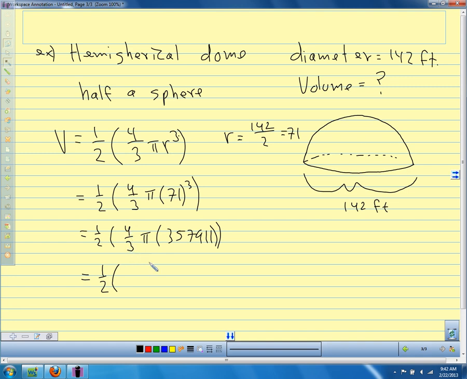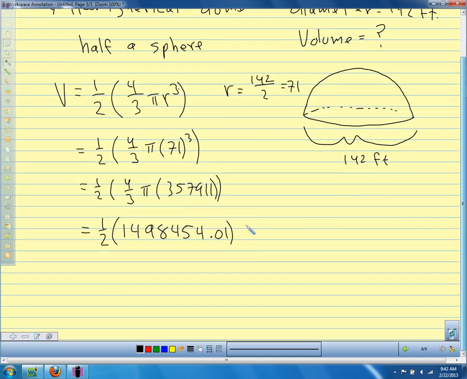When I do that, I get 1,498,454.01. So what I did to get this number, multiplied 357,911 by pi. Whatever I got there, I multiplied by 4, and then I divided the answer by 3.